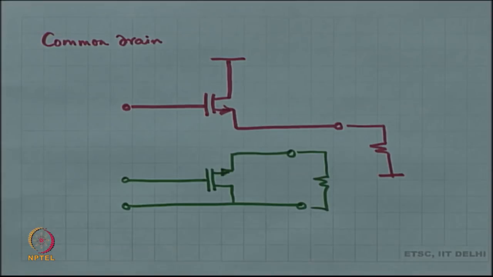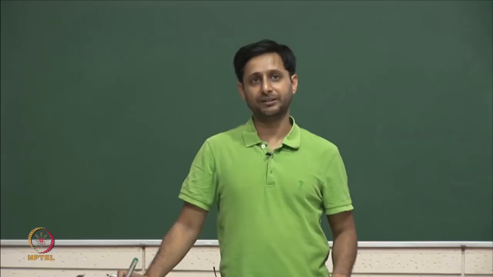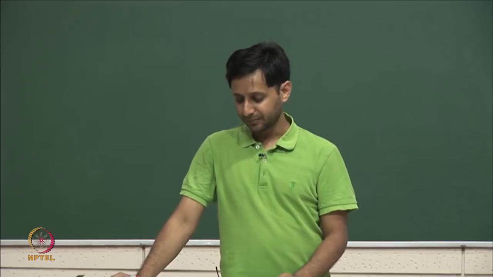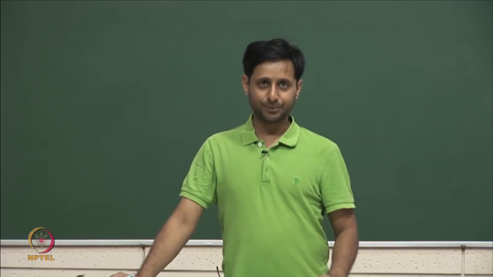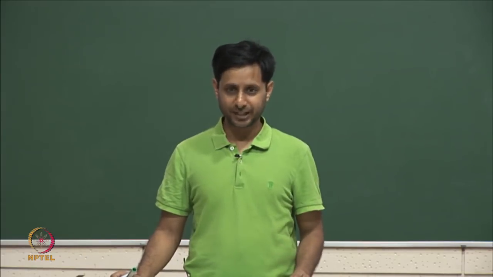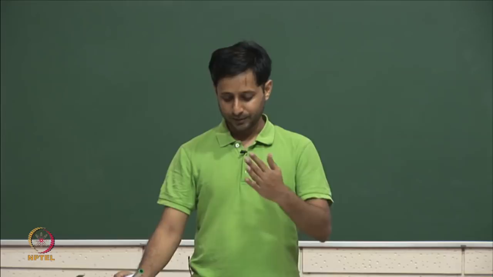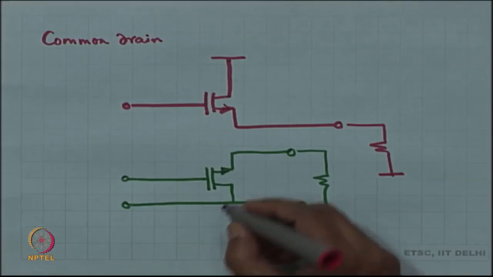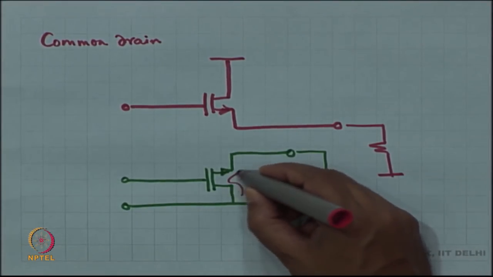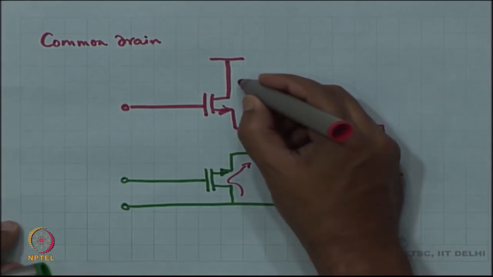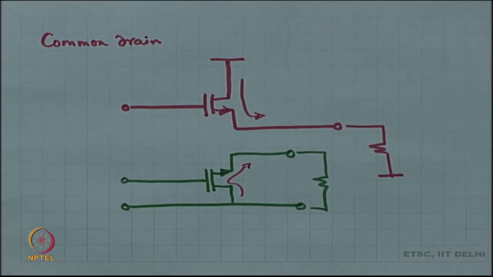But then I prefer drawing it in the way that I have drawn at first with red. The reason being that I like to keep the drain above the source. I do not like the source going above the drain, and I do not like current going from bottom to top, because that is what it looks like in the green circuit. It looks like the current is going from down to up. This is the flow of current, right. I do not like this. So, that is why I like drawing in this fashion.